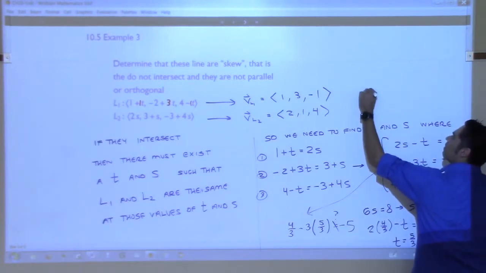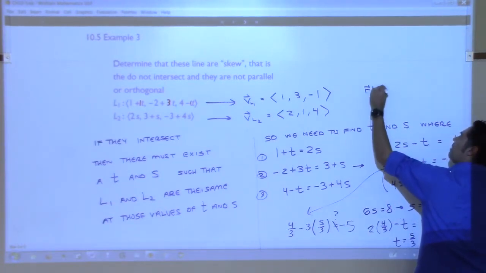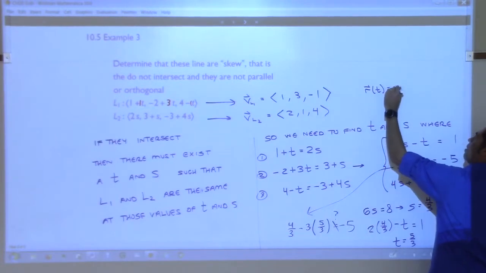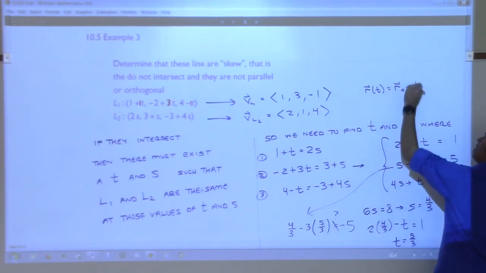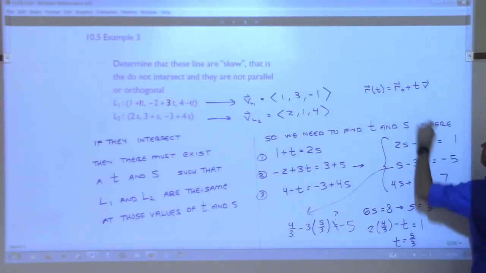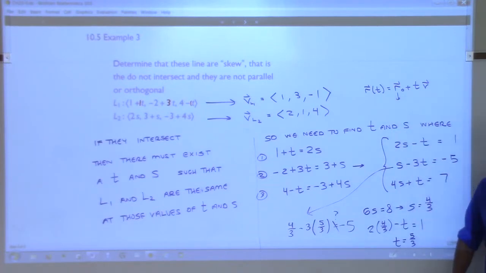If you want the vector equation of a line in four-dimensional space, it's going to be something like r naught plus tv, right? It's the same formula except that this vector is 4 components instead of 3, and that vector is 4 components instead of 3. And you go to 5-dimensional space, same thing. So very general.